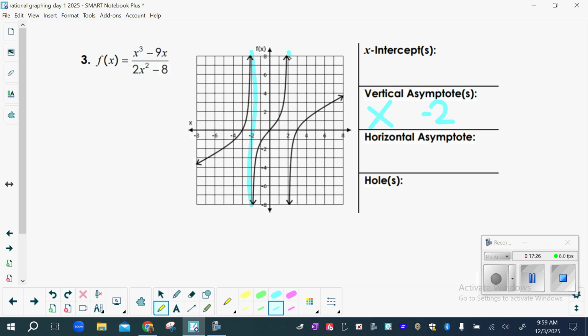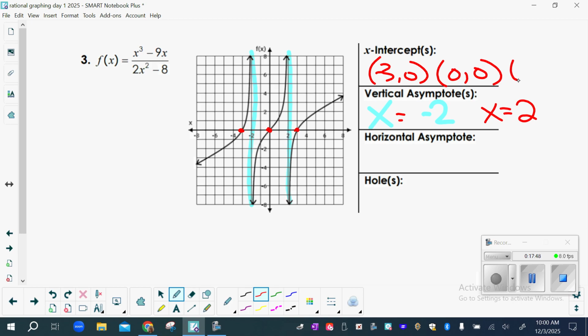And I have one right here at x equals +2. Am I allowed to have more than one? Yeah, I am. I can have one there, and I can have one there. Same with the intercepts on this one. I've got 1, 2, 3 of them. I have one at -3, 0, 0, 0, and 3, 0.